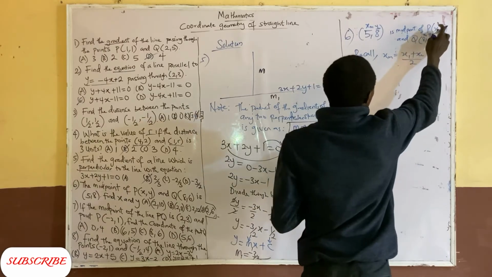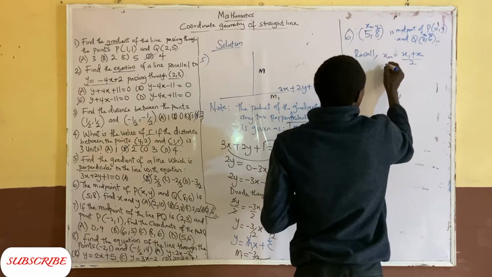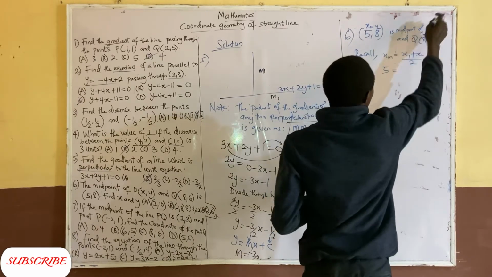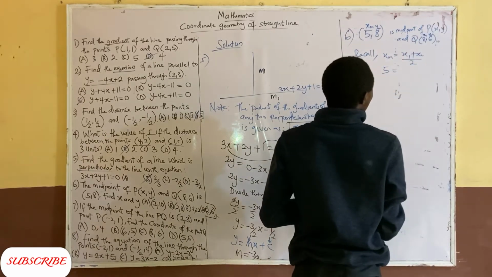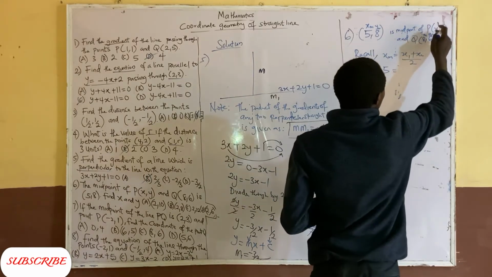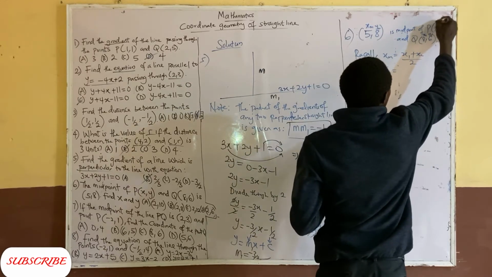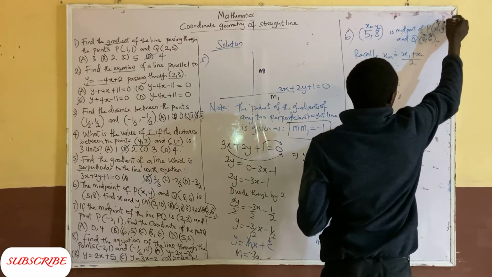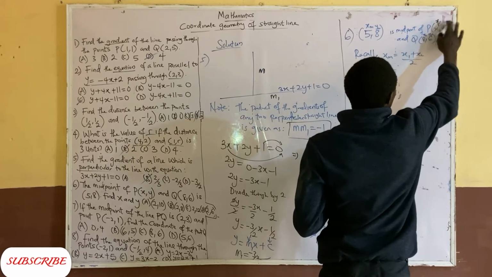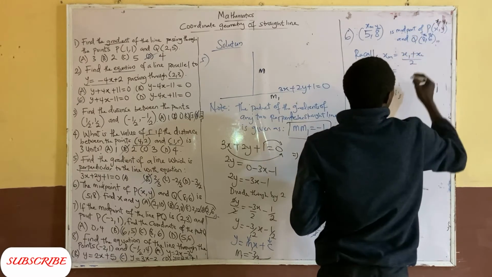Now remember that the midpoint for x is 5. Let's take this one as our X1, comma Y1.